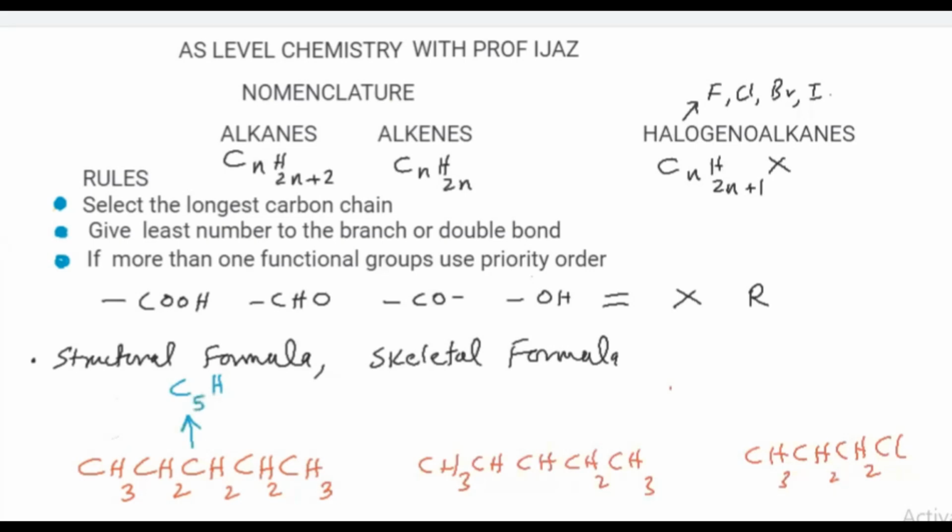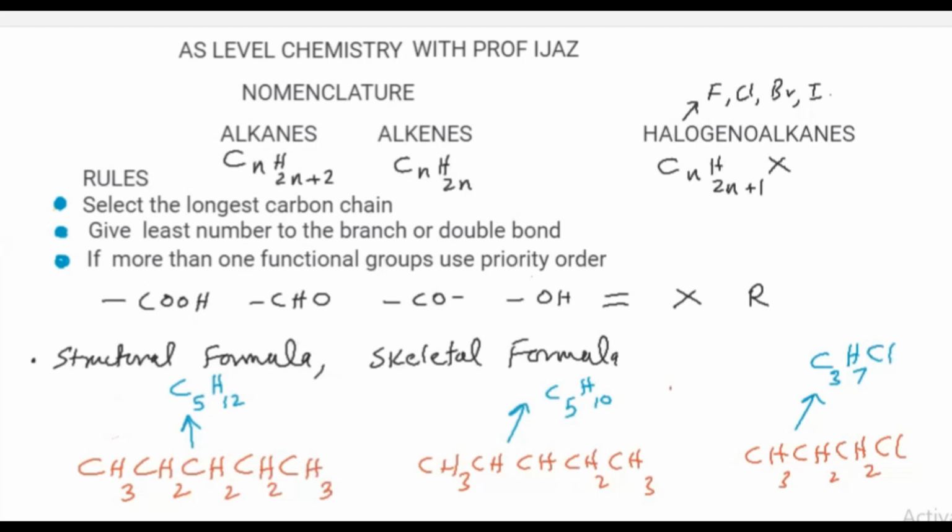There are 5 carbon atoms and 12 hydrogen atoms. For this one, there are 5 carbon atoms but 10 hydrogen atoms. Now, for the molecular formula of this organic compound, there are 3 carbon atoms, 7 hydrogen atoms, and 1 chlorine. So from the molecular formula, you can identify that this compound follows CnH2n+2.